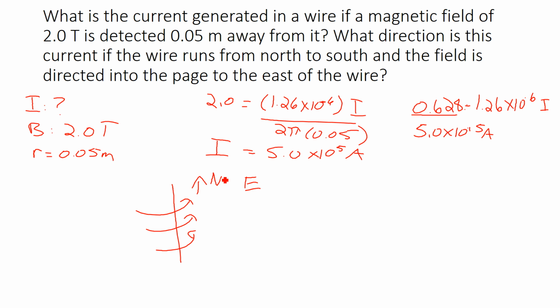So if the current's traveling north, this has to be the negative end and this has to be the positive end. I do know they like to ask about what happens to the poles of a wire and a magnet when you run a current through it.